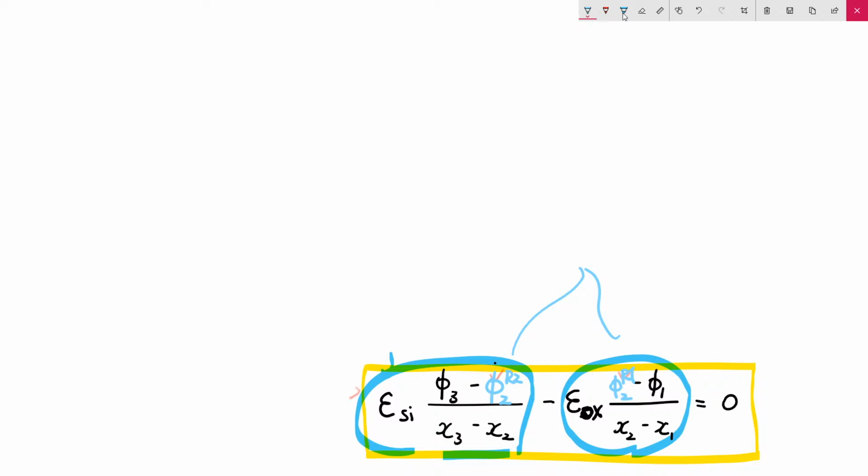Of course, the additional equation is so obvious: the potential for region 2 and the potential for region 1 should be the same.